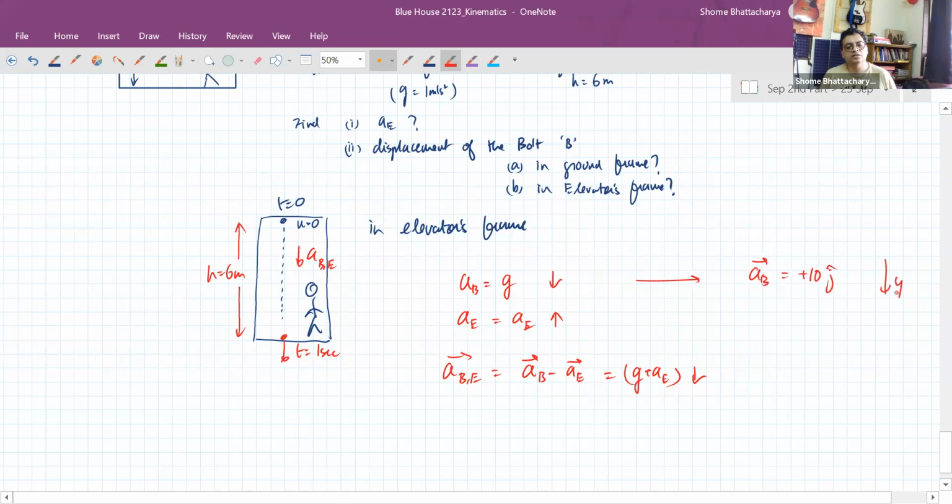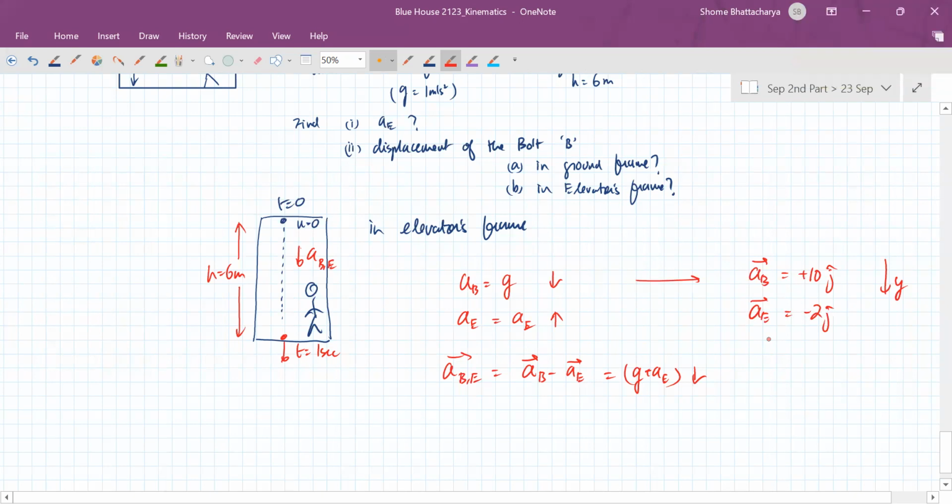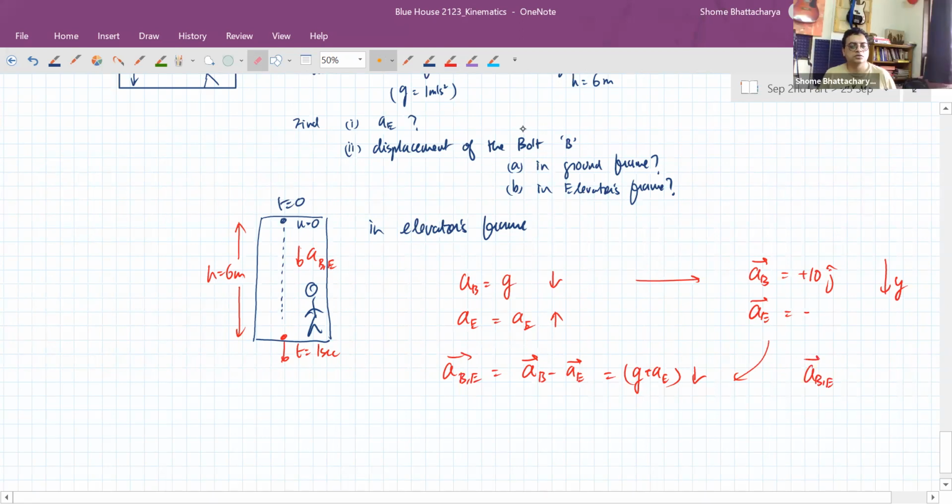I take y-axis downwards. So the y-axis is downwards. So let's take it as minus AE j cap because it's upwards. Okay, so this will become 10 plus AE j cap because I've taken y-axis downwards. So plus.